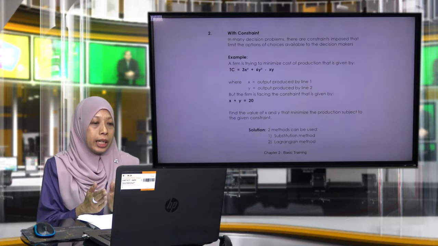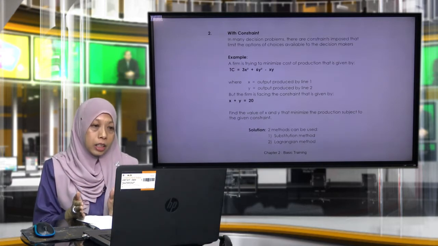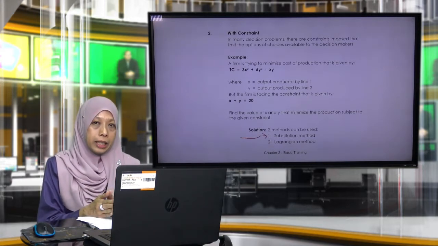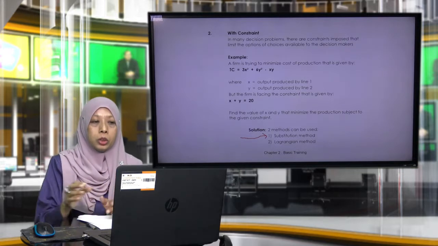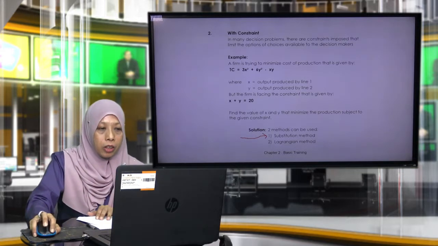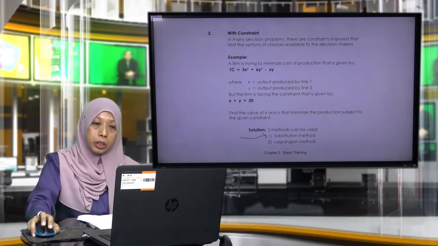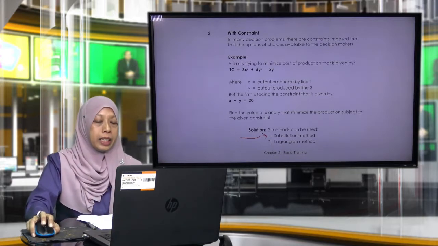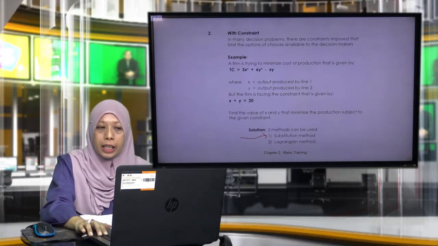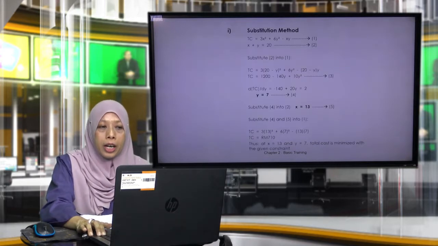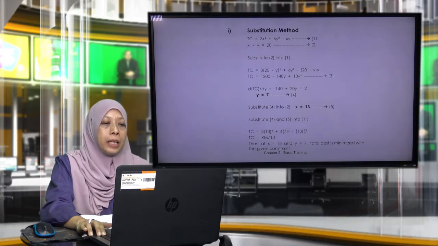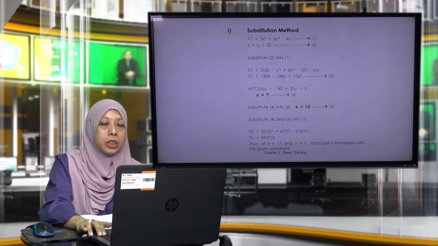There are two ways of solving this. You can use the substitution method or the Lagrangian method, but for this course we are only concentrating on the substitution method. You don't need to worry about the Lagrangian method. So let us look at how we try to achieve minimum cost of production given the production constraint.